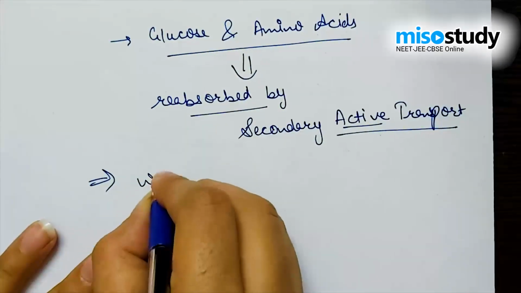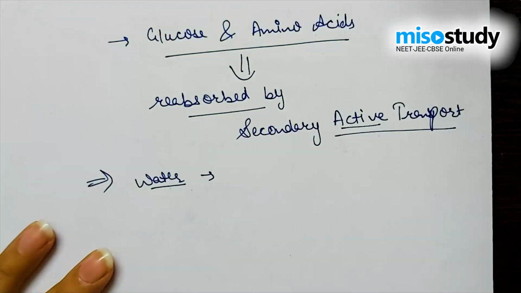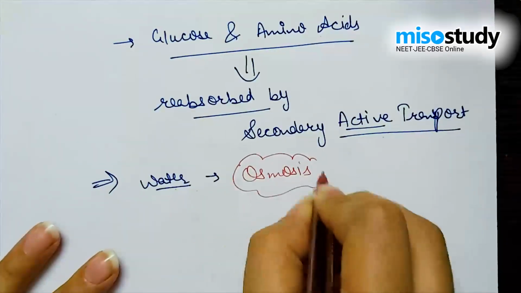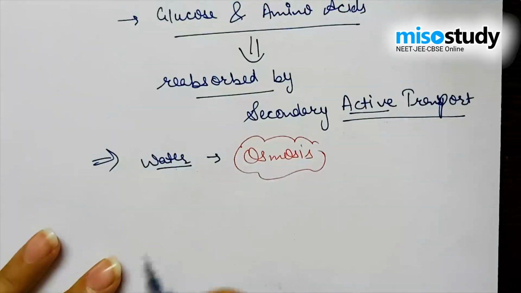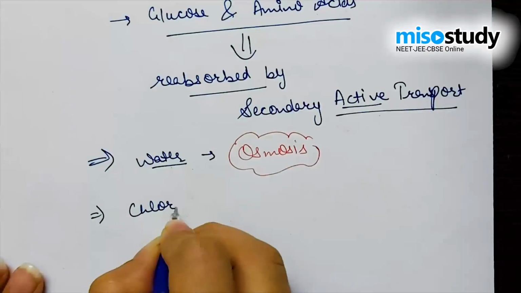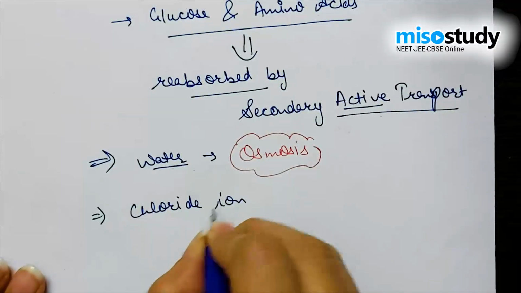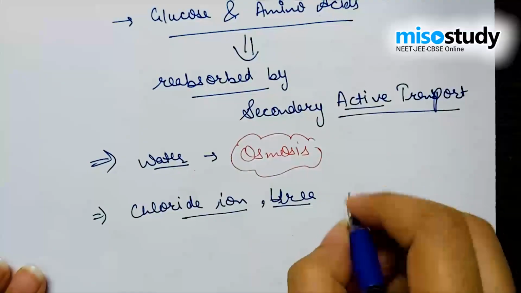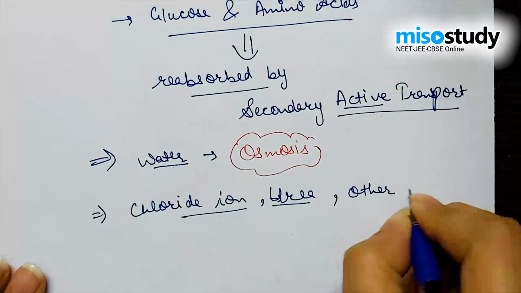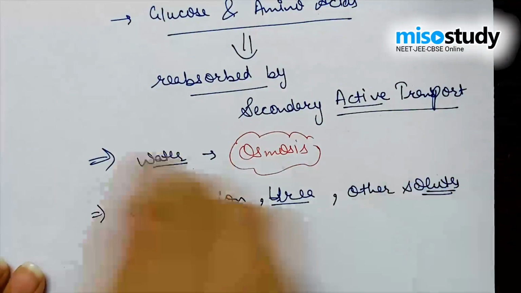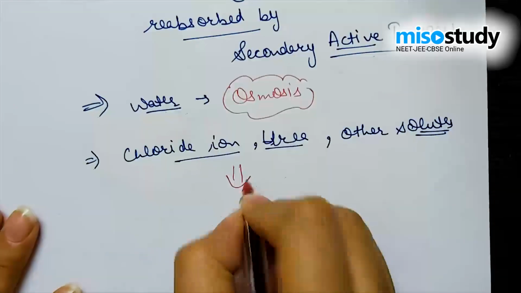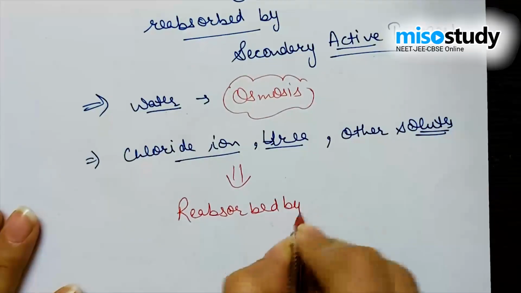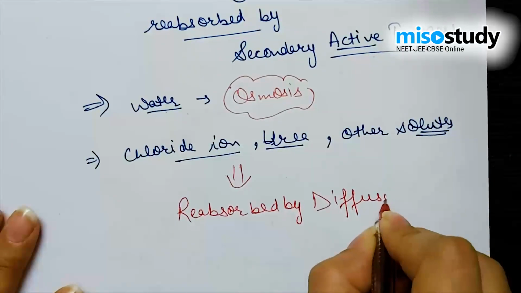Water is reabsorbed by the process of osmosis, and what is left is the chloride ion. These chloride ions, urea and other solutes are reabsorbed by the process of diffusion.